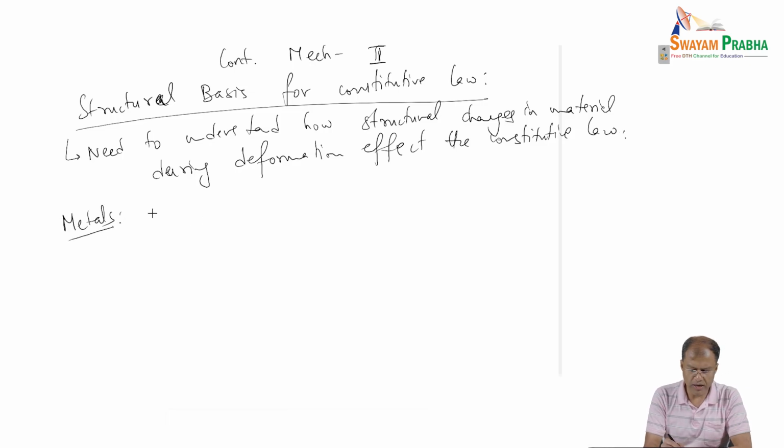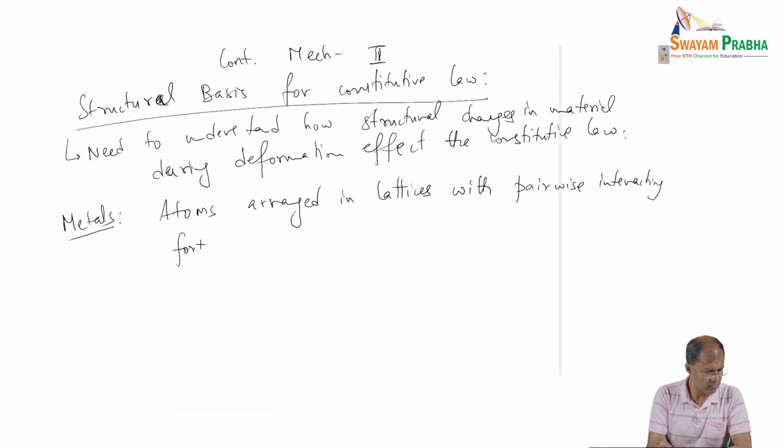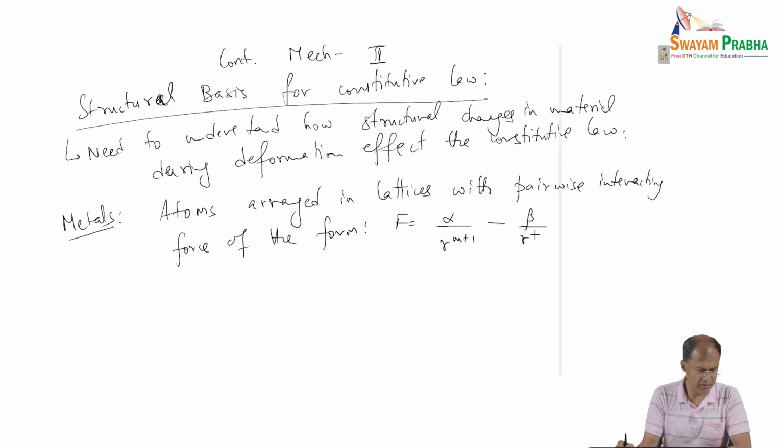So for metals, at the atomic level, we will have atoms which are arranged in lattices with pairwise interaction given by some interaction laws. The common type of interaction laws could be the so-called Lennard-Jones. So the lattices with pairwise interacting force of the form F, given by alpha by r to the power m plus 1 minus beta by r to the power n plus 1.